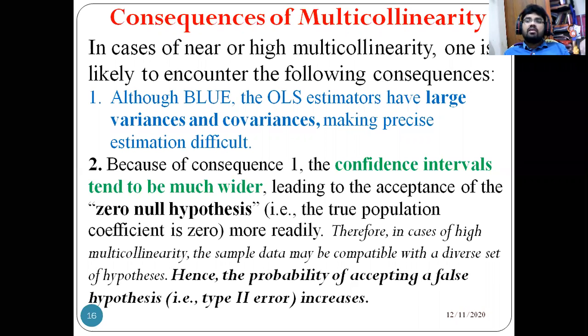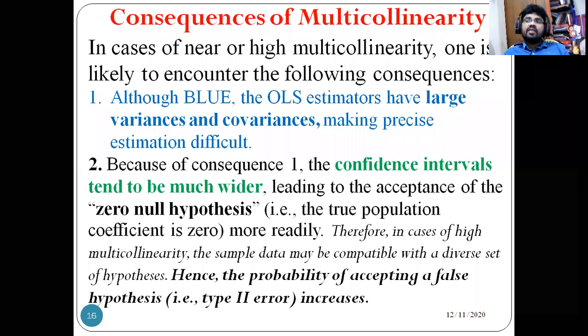For example, in order to test your hypothesis, you may have the hypothesis that there is no impact of income on consumption. Generally, income can impact your consumption. That is the main thing.